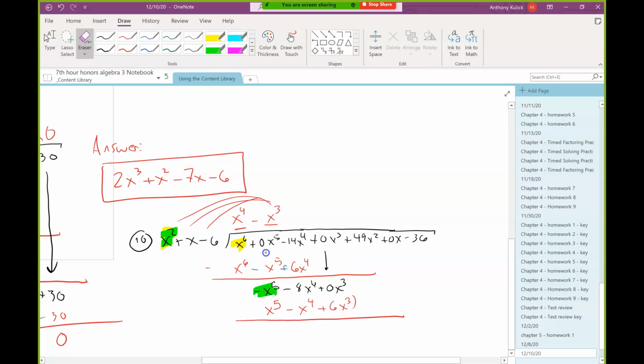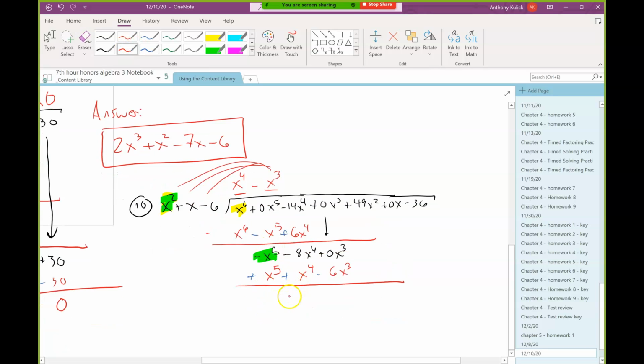Distribute through our negative. Negative of a negative is positive. Negative of a negative is positive. Negative of a positive is negative. And then you add down, so 0, negative 7x to the 4th, negative 6x to the 3rd.